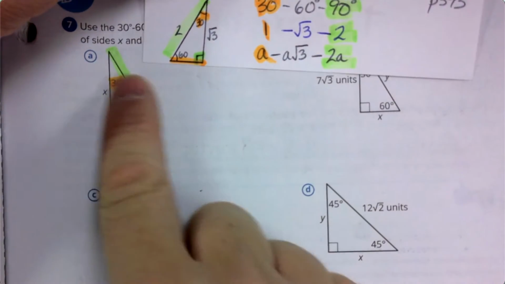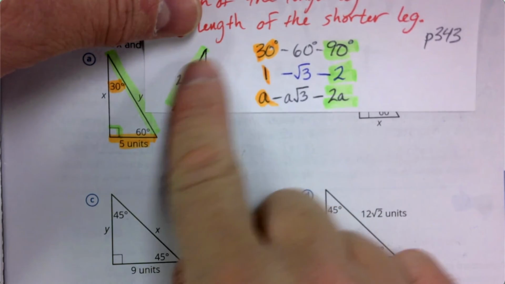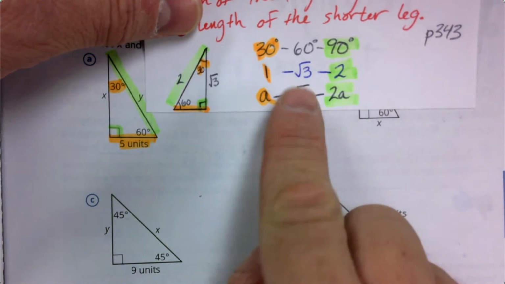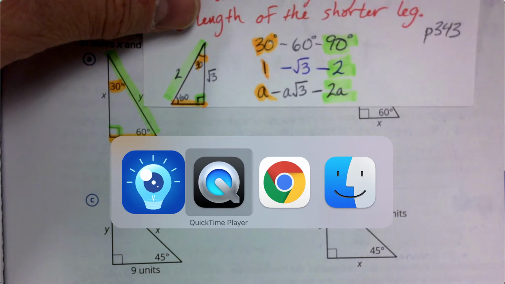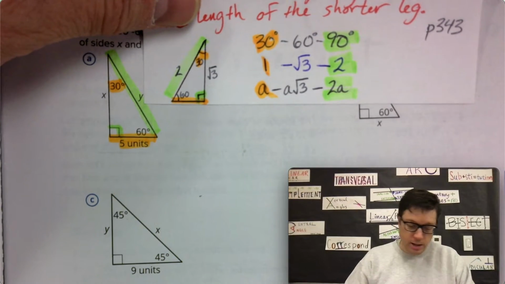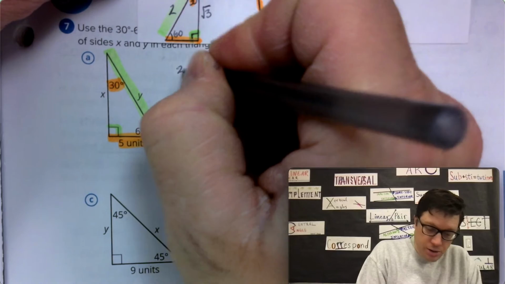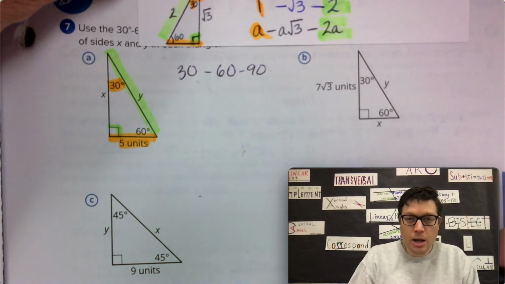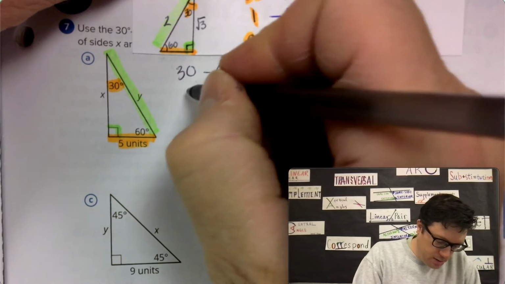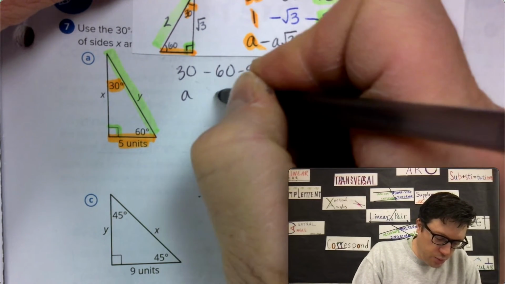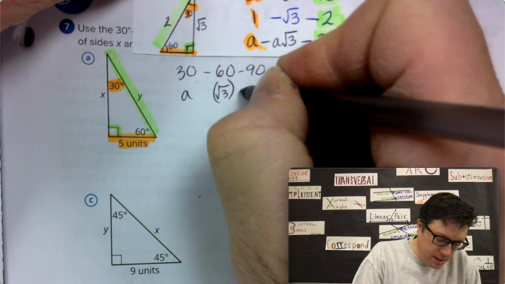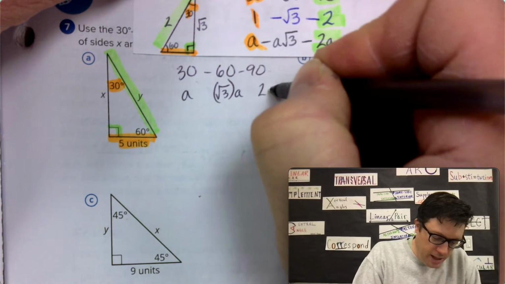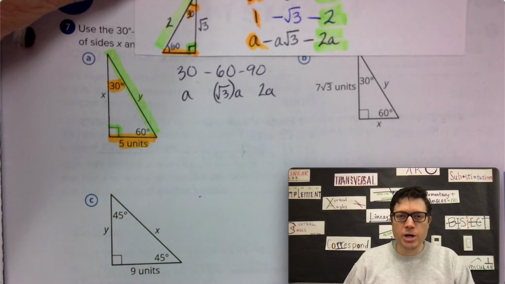Once you have this set up and you know how it fits in with our shortcuts, then we're just going to write it out. We're just going to go ahead and put the structure 30, 60, 90, and then we're going to put A, root 3 times A, and 2A, lining up with the 30, 60, and the 90.